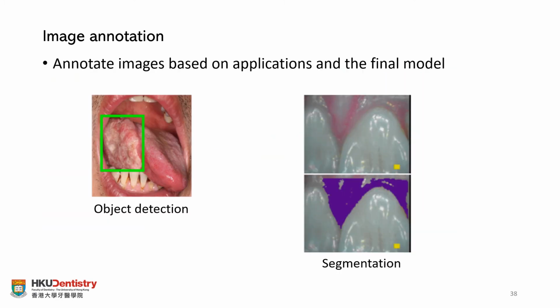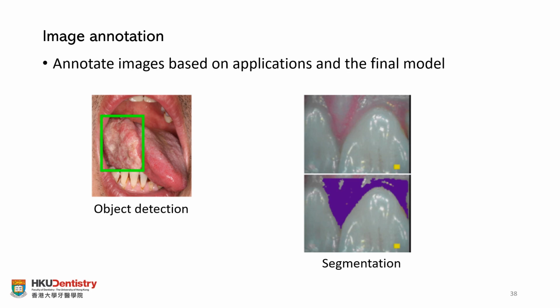And it is the same in dental applications. If you want to develop object detection models that, for example, detect a lesion, you just put a rectangle around the lesion. So in the annotation phase, you just need to put rectangles around those lesions and label them.